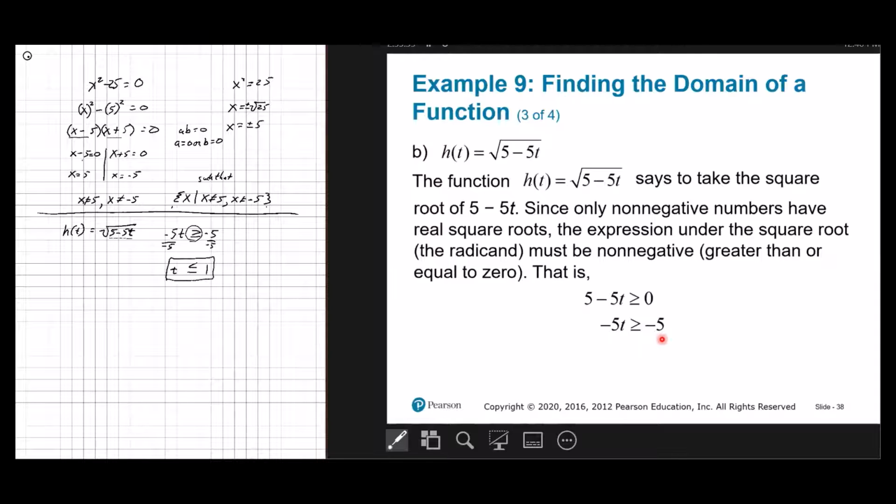This is the condition that would go in this part of set builder notation. So we have the set of all t, because the variable is t now, all times t such that t is a number that is less than or equal to 1.